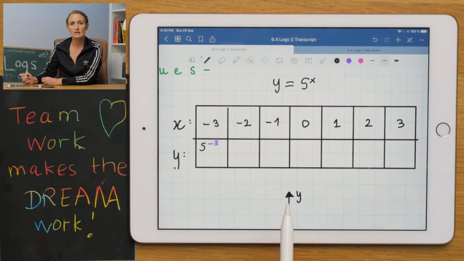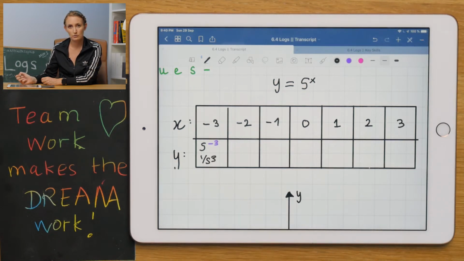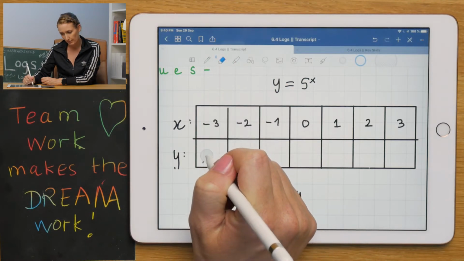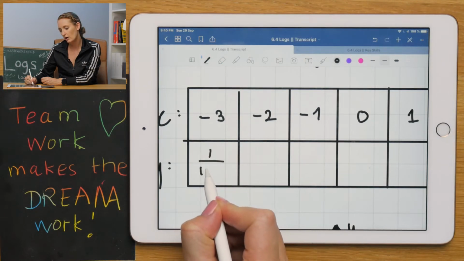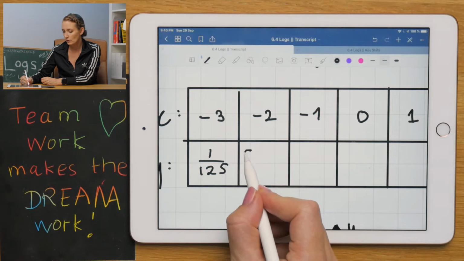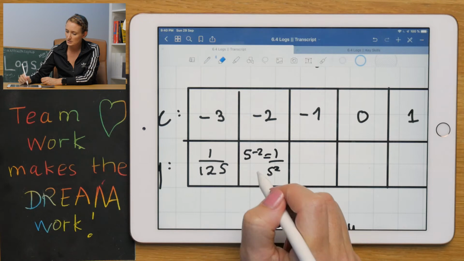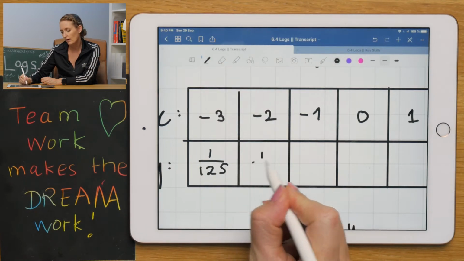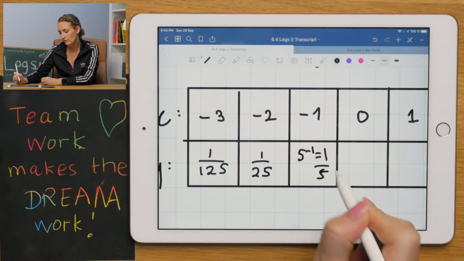Now if you think back to indices, that's 1 over 5 cubed, which is 1 over 125. Similarly for 5 to the -2, that's the same as 1 over 5 squared, which is 1 over 25. 5 to the -1 is 1 over 5.